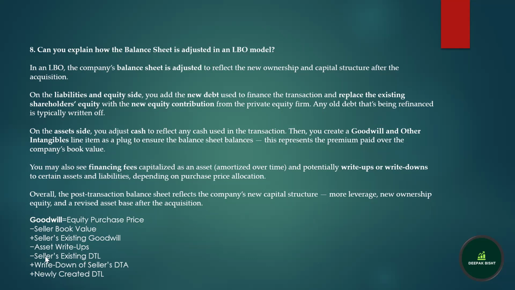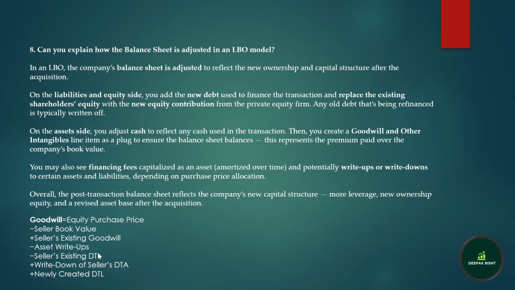And we subtract the seller's existing DTL. There was no DTL previously, but after the leveraged buyout, the DTL was $60. The newly created DTL was $60, and we add it back.